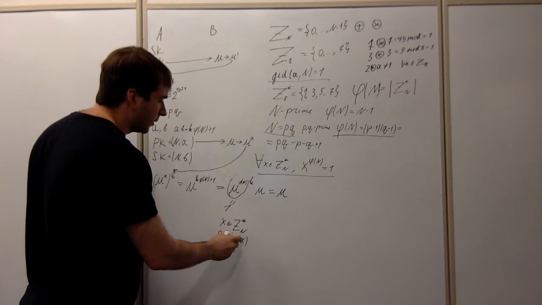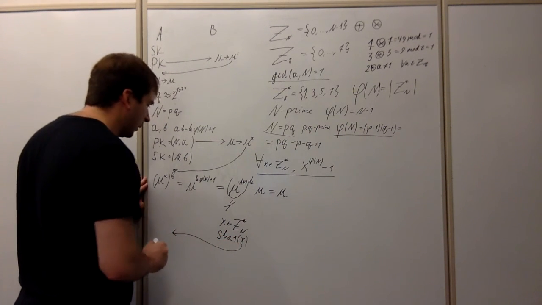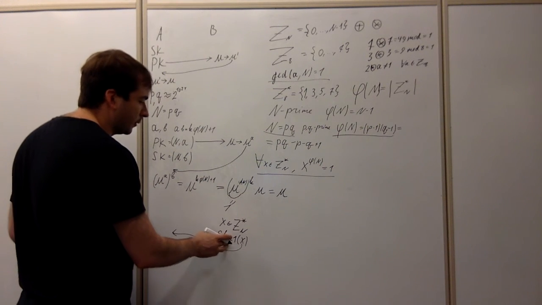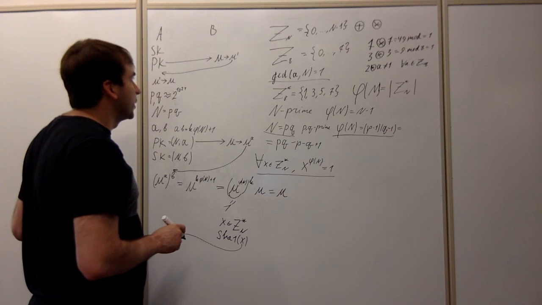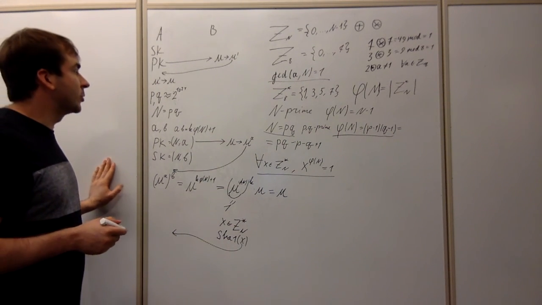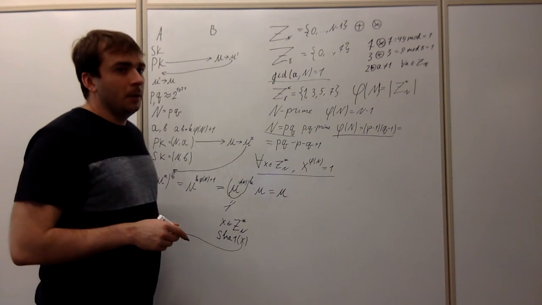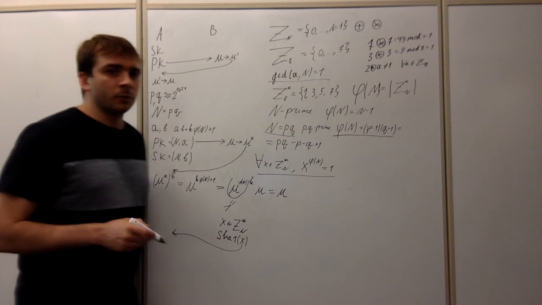Then he can safely transfer x to Alice. She can also compute SHA-1 of that x and use it as a symmetric key. So Alice and Bob are really using symmetric encryption. They are just using RSA for key exchange. So that's everything I want to explain today.